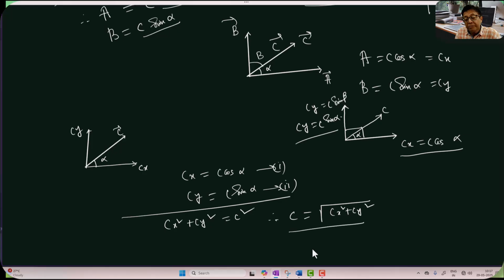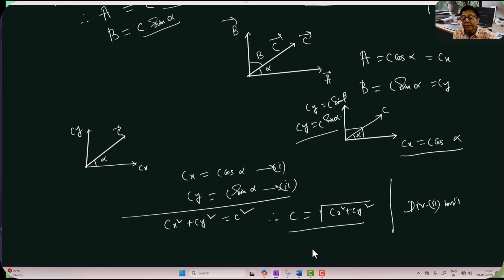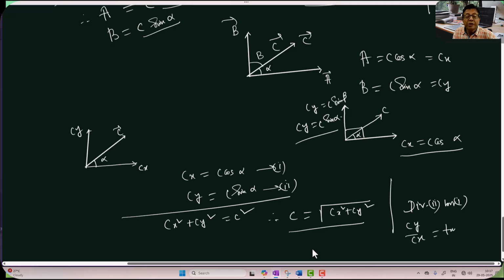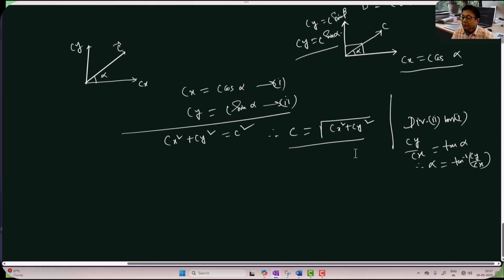Under root, okay, just squaring and adding. If you add these two, it is coming C square times cos square alpha plus sin square alpha, that is going to be 1. And if you divide 2 by 1, what do you get? Cy by Cx equal to tan alpha. So alpha is... clear? Hope you have understood.